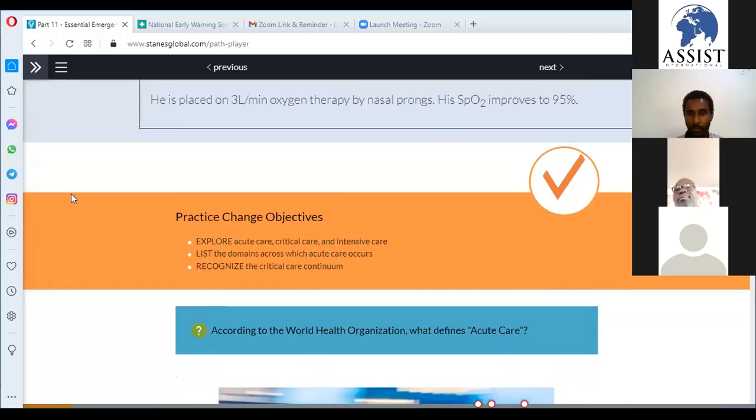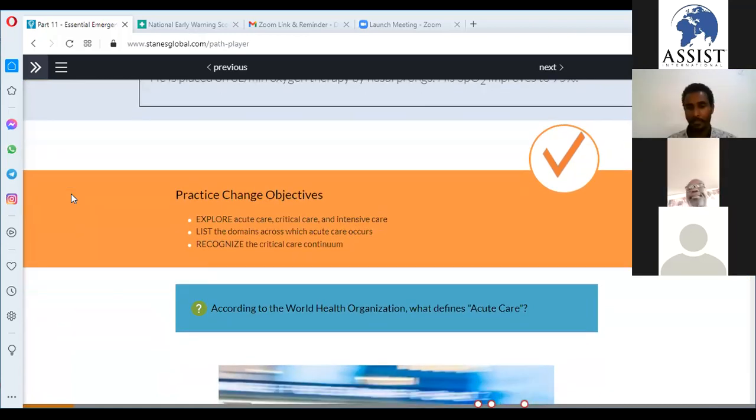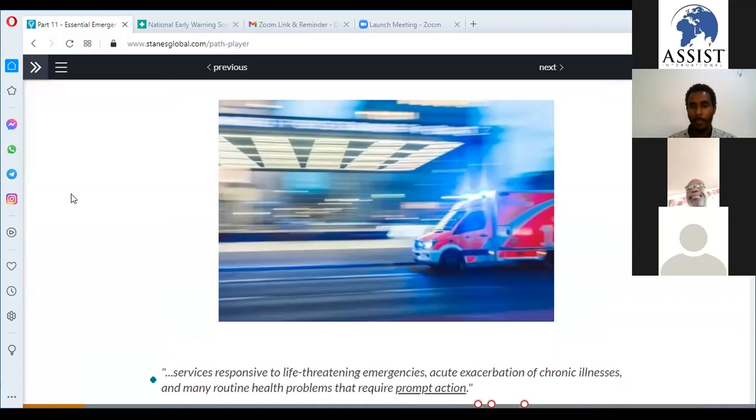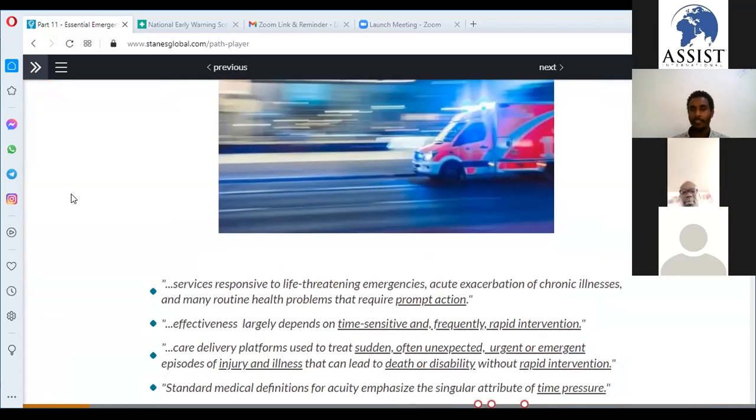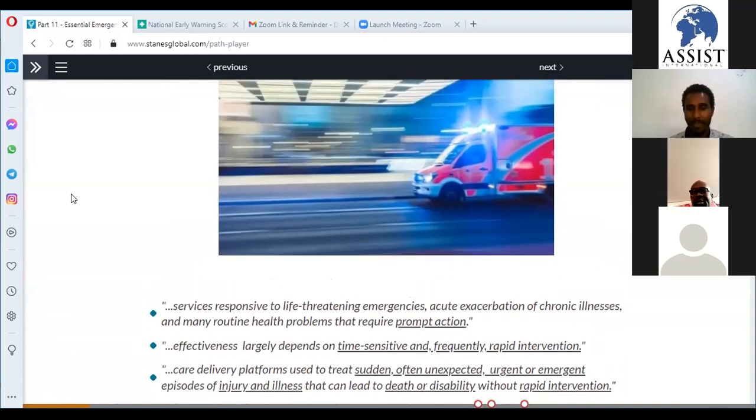There are different definitions of acute care, but as you can see, acute care mainly emphasizes the importance of time, or the importance of urgency in management to improve the patient's outcome.